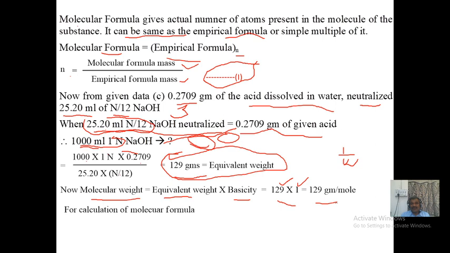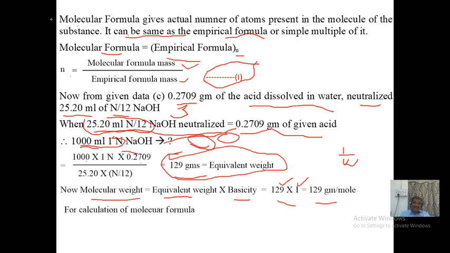Now let us go for the molecular formula. Friends, for the molecular formula you have to remember this equation number 1. What it says is that the molecular formula shows the actual number of the atoms present in the molecule of a compound. It can be the same as the empirical formula or a simple multiple of it.